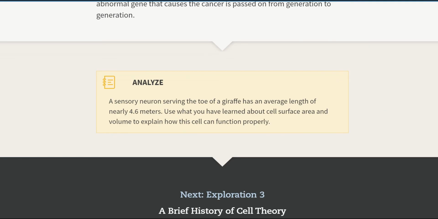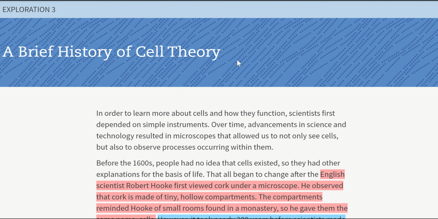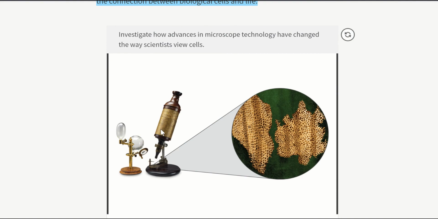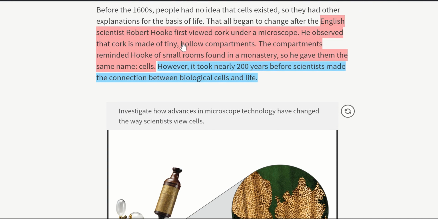Now that was exploration 2, and now I want to move on to exploration 3. We're going to do 2 explorations in the same lesson here, and this is really a quick exploration on the history. Okay, so the first that we talked about is Robert Hooke, and Robert Hooke is going to create a 3-lens microscope, and he is going to look at a piece of cork. This is Robert Hooke's microscope and the cork that he looked at, and he was the one that gave the word cells.